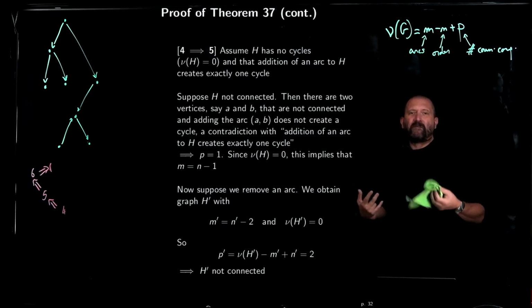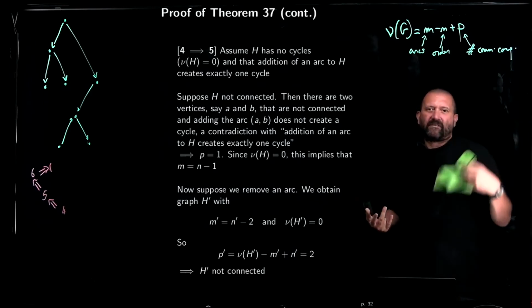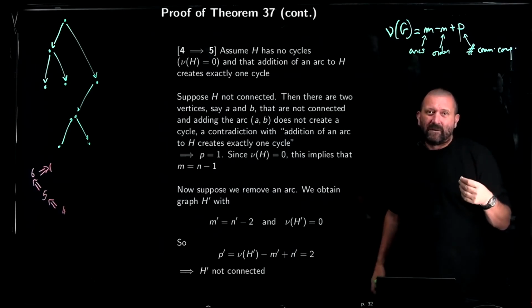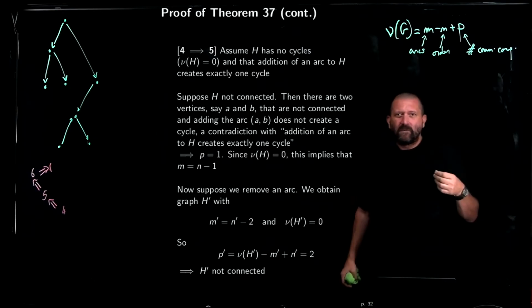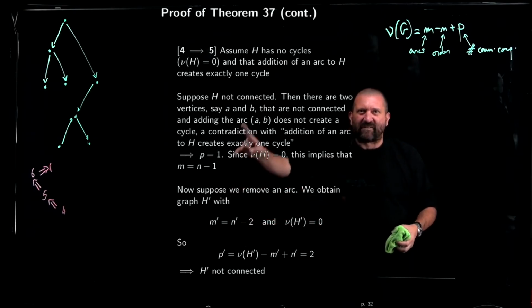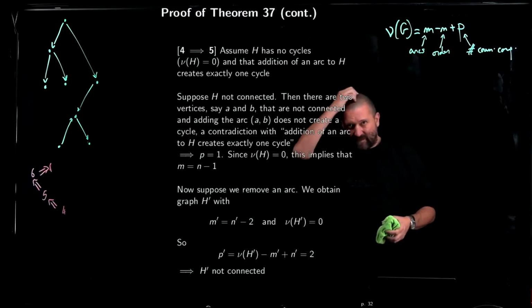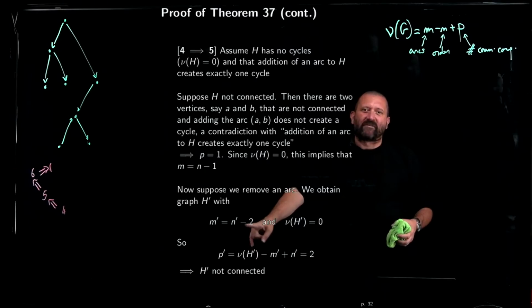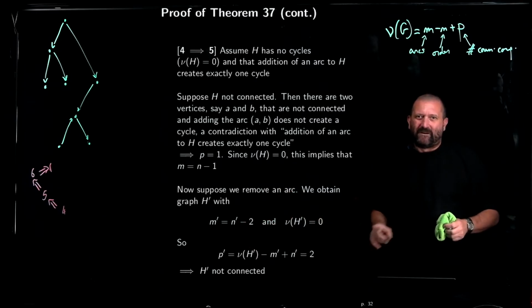And this new graph has n minus 2 arcs. It should not be n prime minus 2, it should be n minus 2, because I start out with n minus 1 arcs.